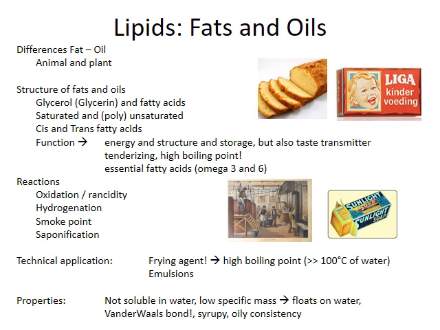These fatty acids can be saturated and polyunsaturated. There can be cis and trans fatty acids, and of course the function of fats and oils is primary energy, but also used in structure and storage, also as a taste transmitter.